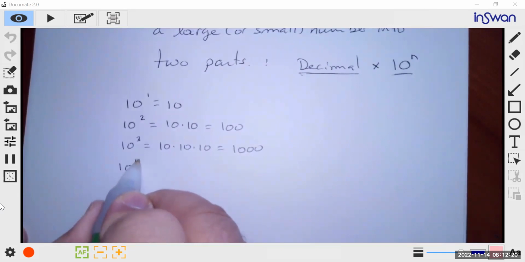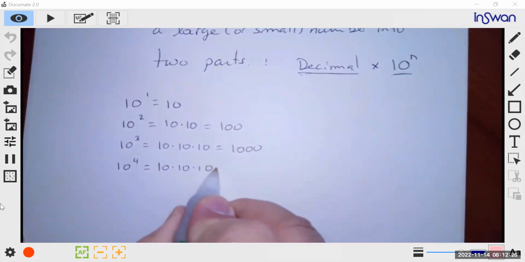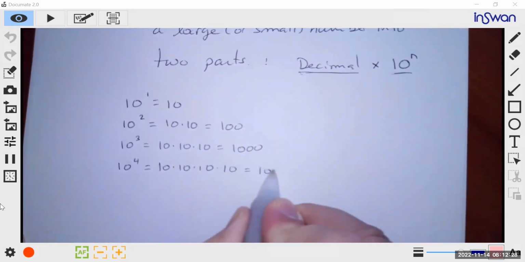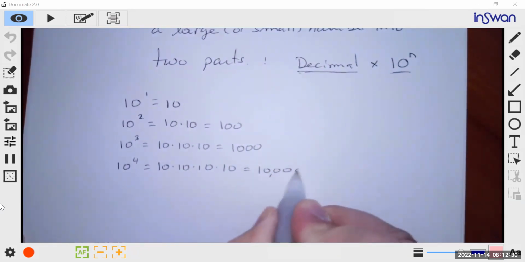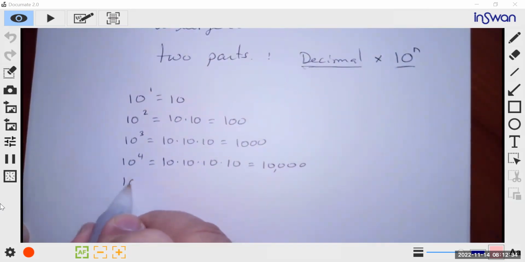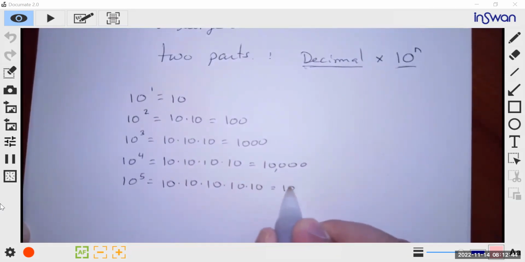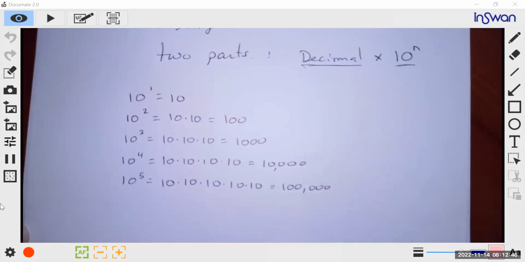We'll do a couple more. What is 10 to the fourth? 10 times 10 times 10 times 10, or 10,000. And one more. 10 to the fifth: 10 times 10 times 10 times 10 times 10, that's 100,000.